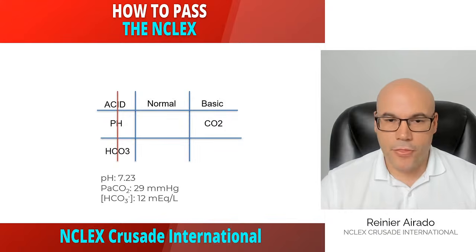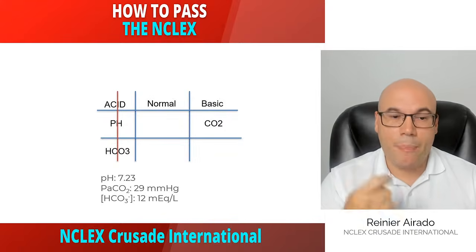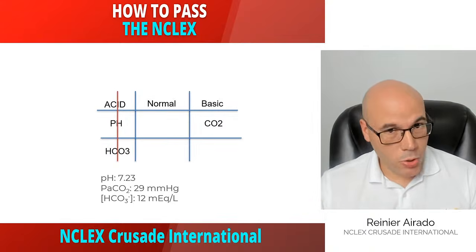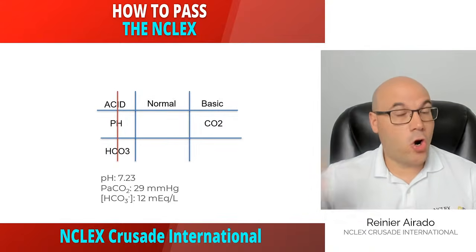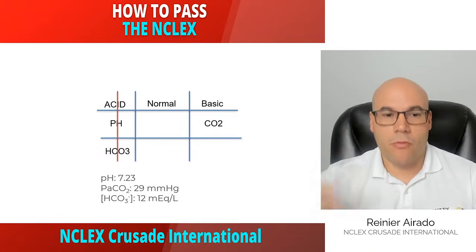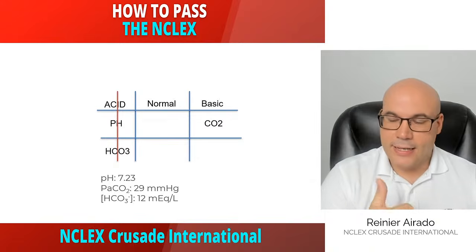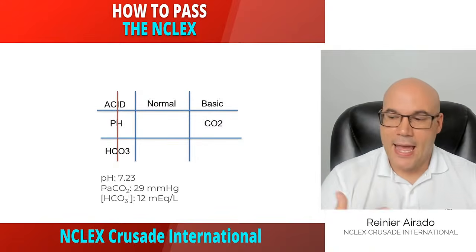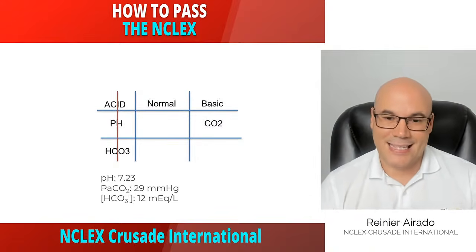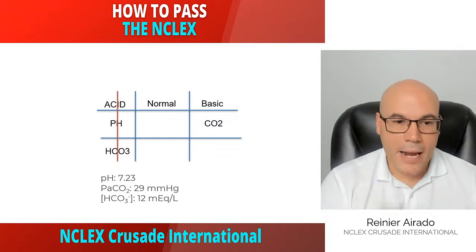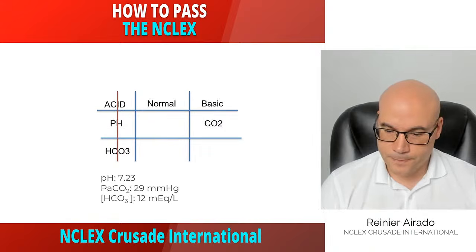Because remember that bicarbonate represents metabolic, while CO2 corresponds to a respiratory problem. So the pH is acid, and what's causing the acidic problem is bicarbonate. So we have metabolic acidosis.